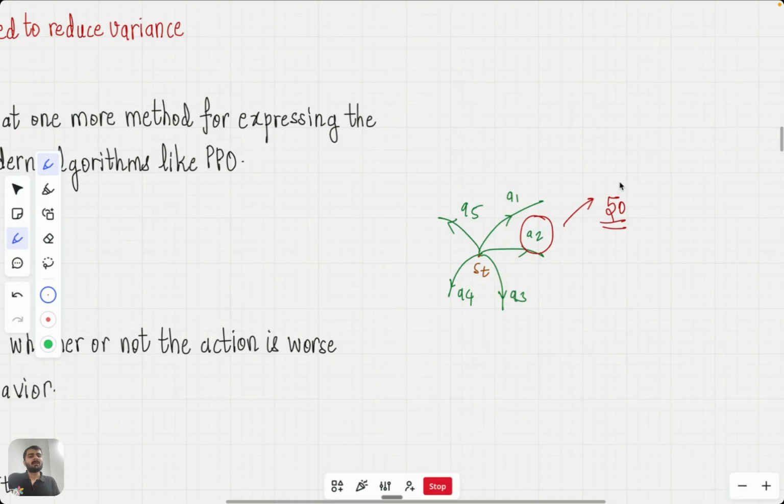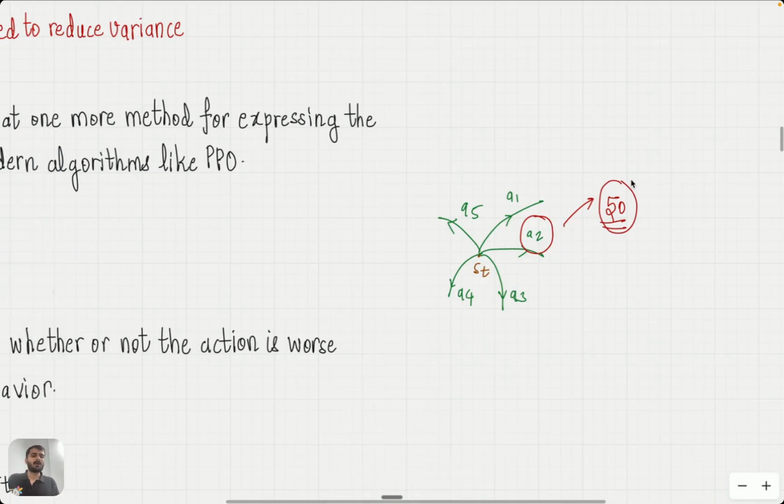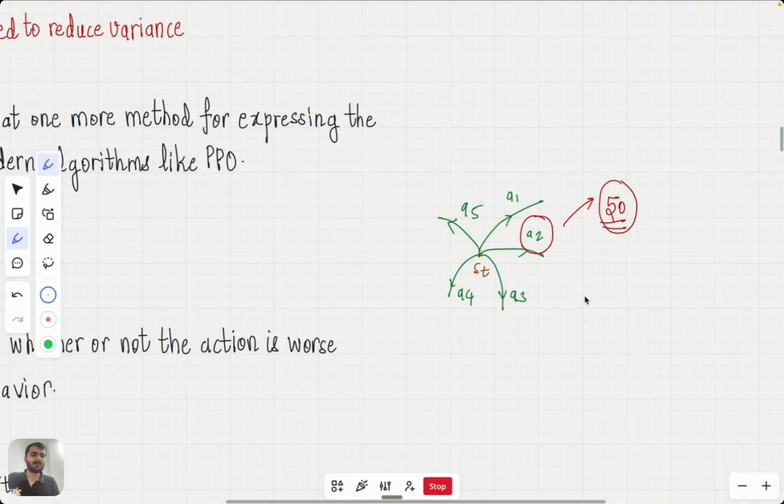So this is the default value of the policy. But what if I choose action A1 and I get a cumulative expected reward of 80?